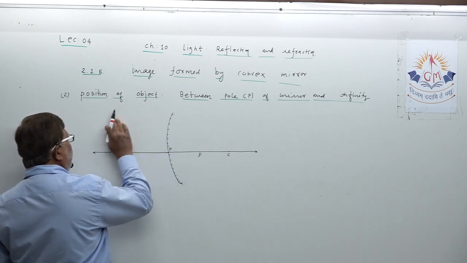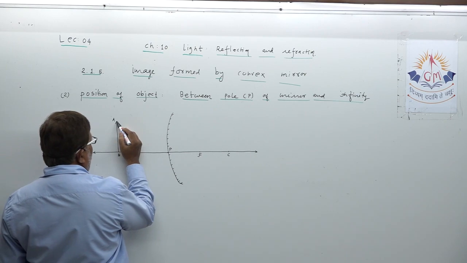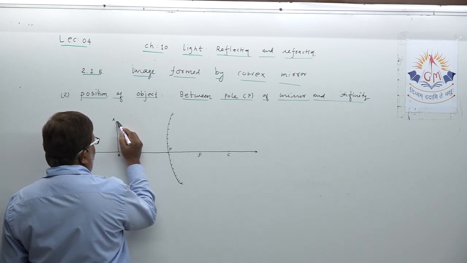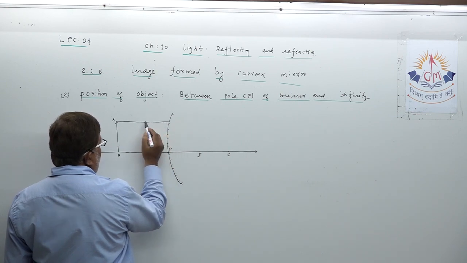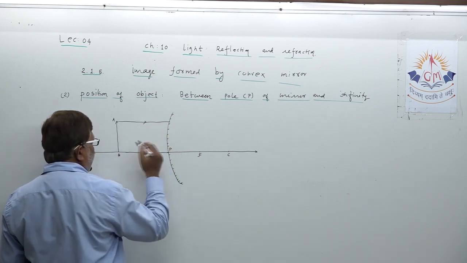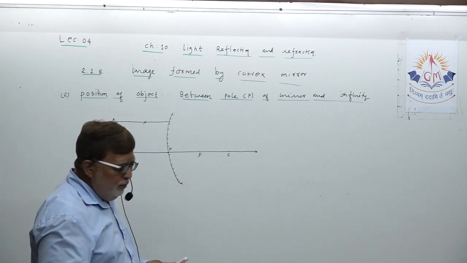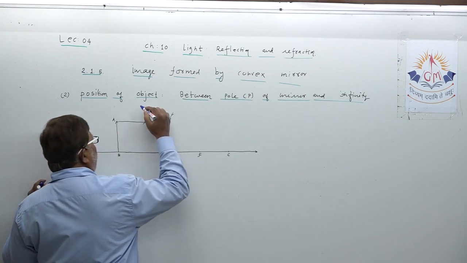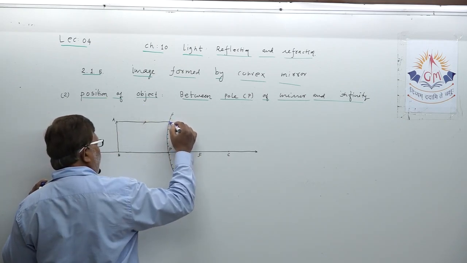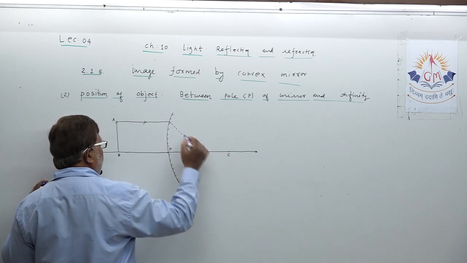The first ray, as you all know, is parallel to the principal axis. Because it is a convex mirror, it is going to diverge, as you all know. This ray will diverge, and when extended back will pass through the focus.